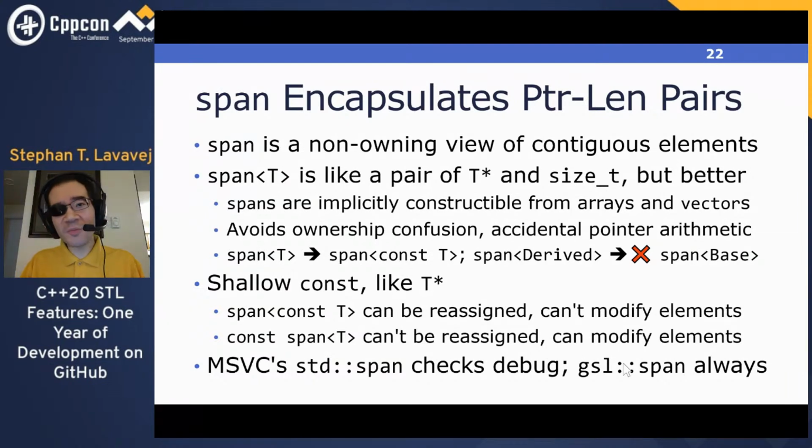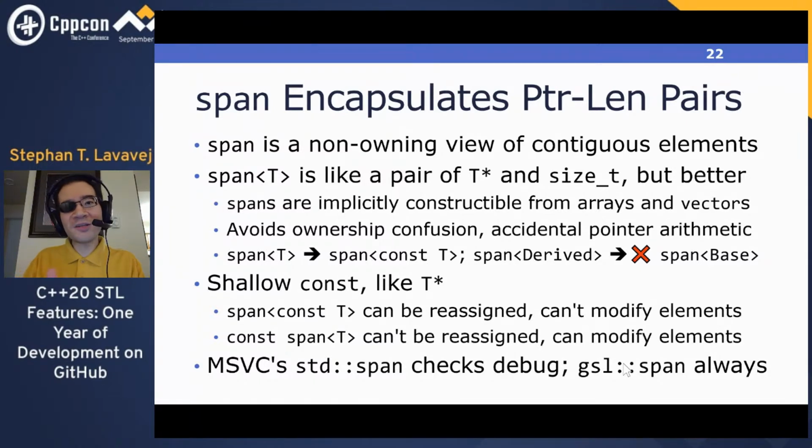And span also prevents other things that pointers would happily allow to compile. Span allows you to add const in its conversion, but it does not allow you to modify or traverse inheritance hierarchies. So if you have a derived star, you can implicitly convert that up to a base star. That's how inheritance works.